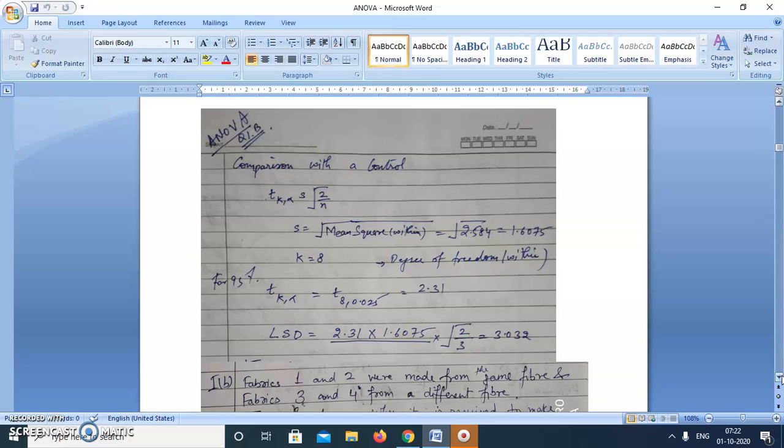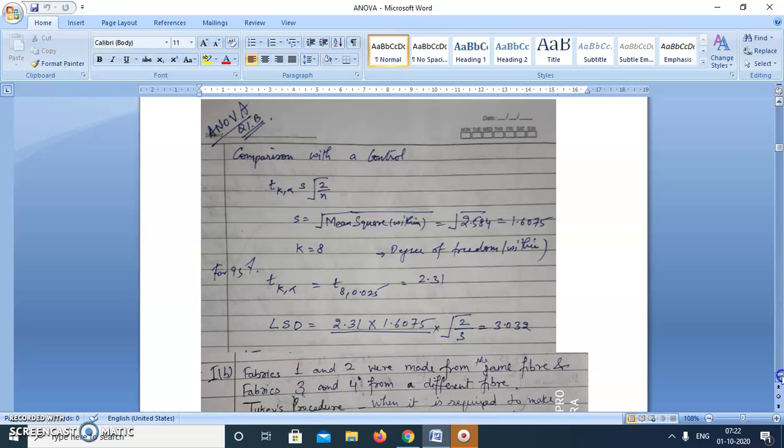First is comparison with the control. You just have to remember these formulas and try to find the LSD value. So here when we have to compare with the control, I have found this value, t_k,alpha times S upon root n, to be 1.6075, and for 95% confidence level, I have seen the t table and got this value 2.31.